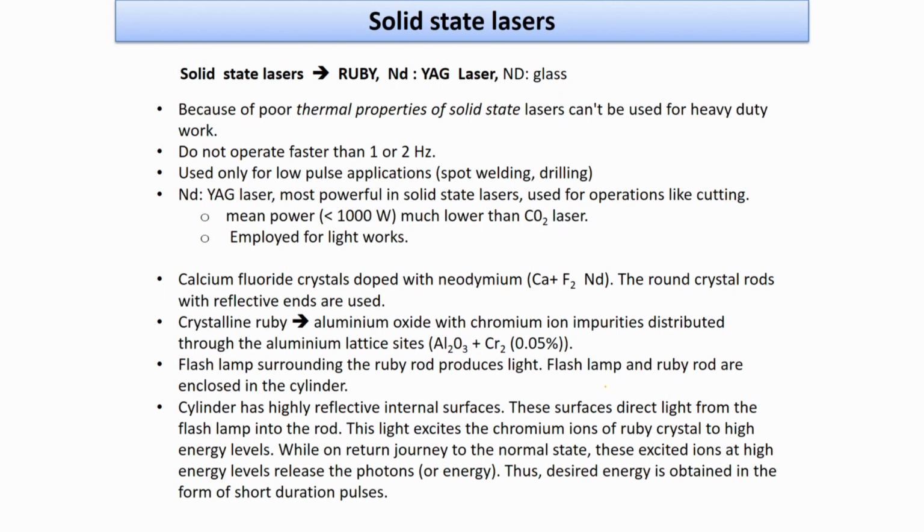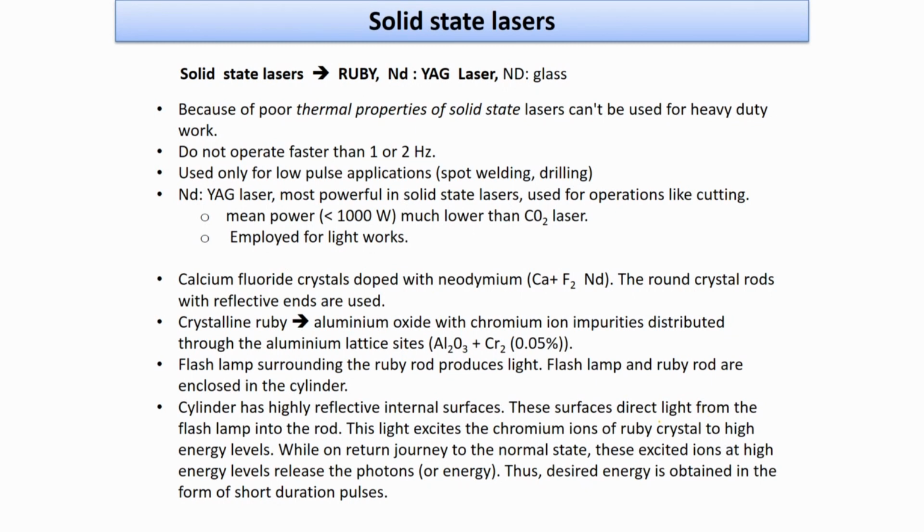The internal surface of the cylinder is highly reflective. So light from the flash lamp reflects from the internal surface of the cylinder and falls on the ruby rod enclosed inside the cylinder. These surfaces direct the light from the flash lamp into the rod.